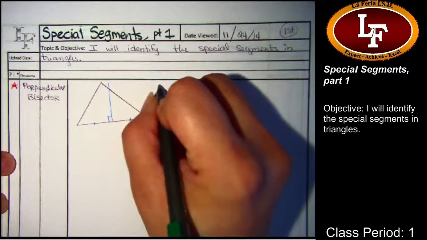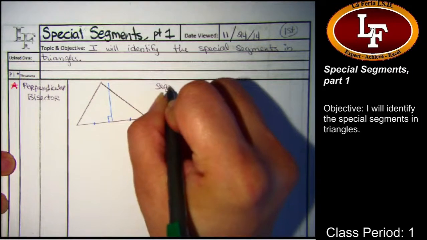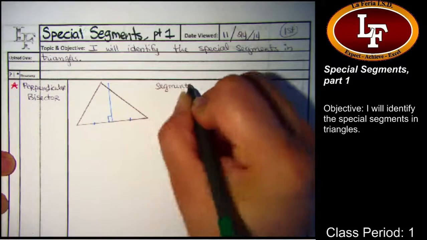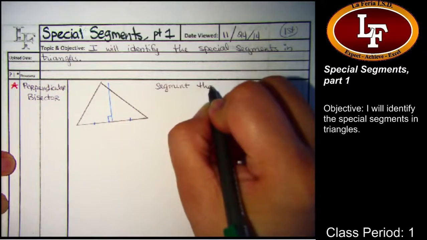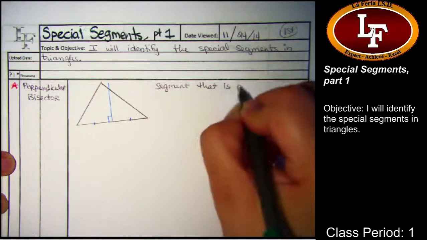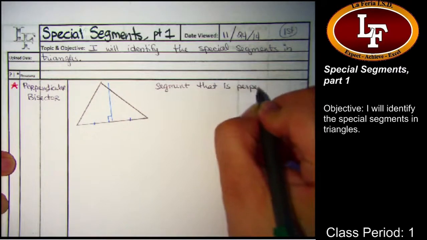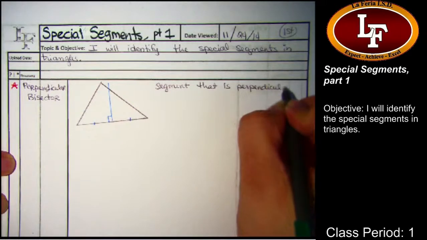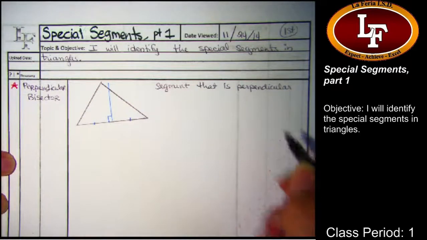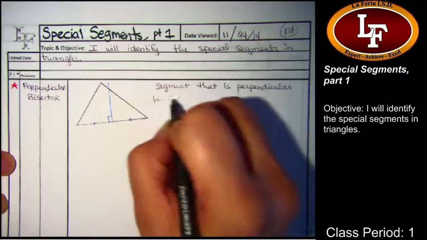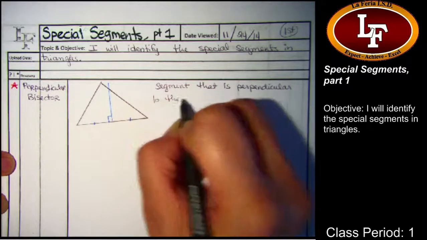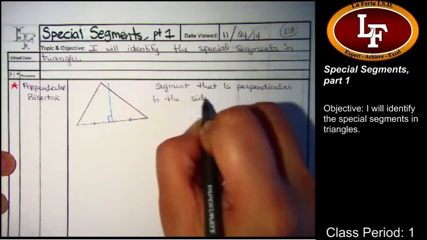So here is the word definition to go with the picture. It's a segment that is perpendicular. Remind yourself what perpendicular means: intersects at a 90-degree angle.